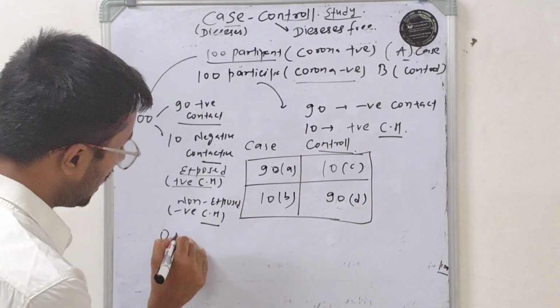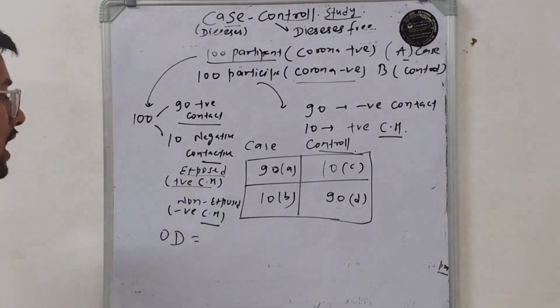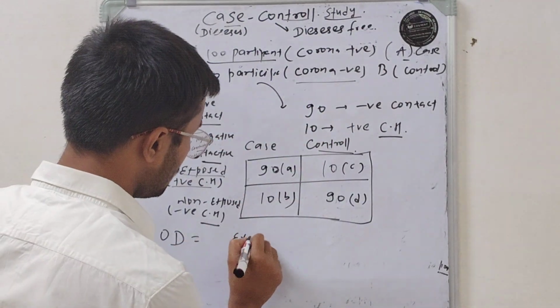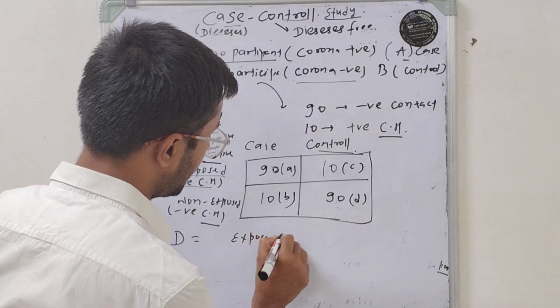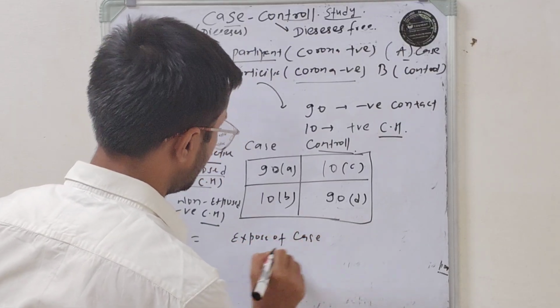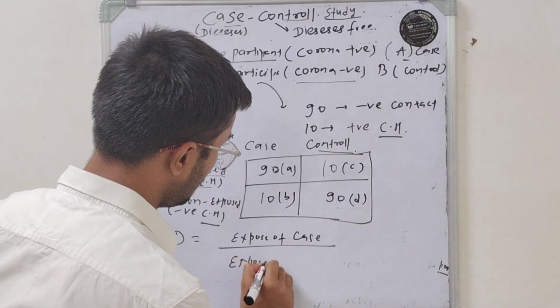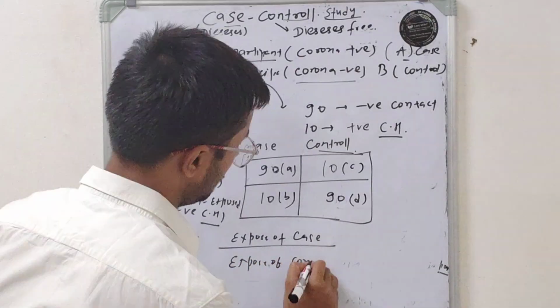So what is the formula of odds ratio? The formula of odds ratio is the odds of exposure in case upon the odds of exposure in control.